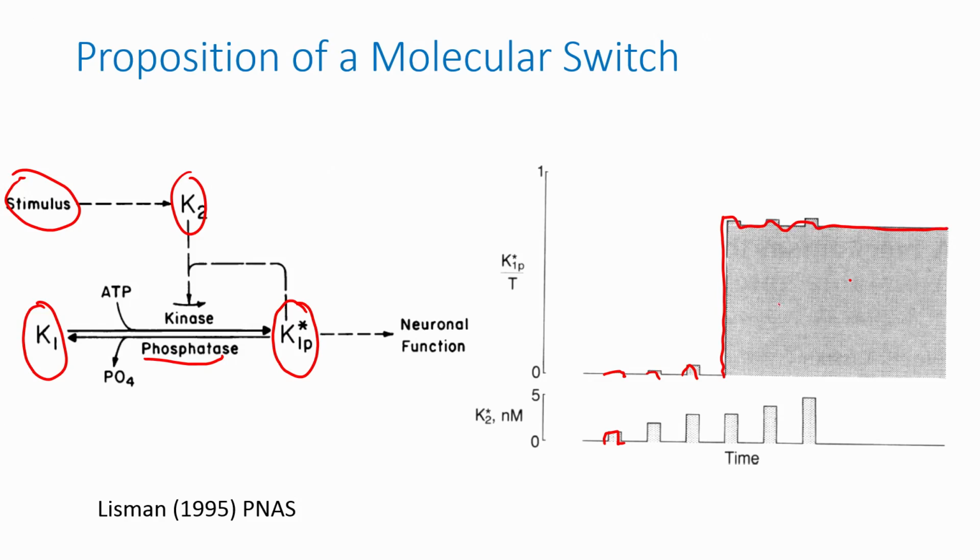Now, that is memory. It went from this state to that state. No longer are you giving the stimulus and it is continuing to maintain it there. You have flipped the switch from one state to the other, all by identifying a way in which there is a self catalysis of a reaction of an activator, so to speak, and that is taking care of much of your neuronal function.